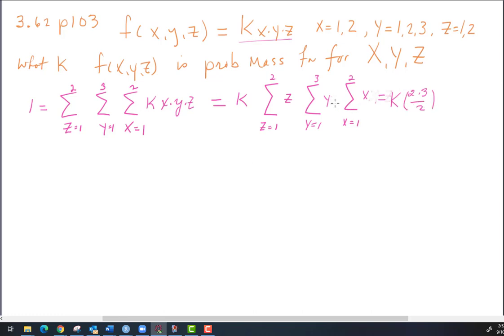And then let's move over here. This would be the sum of the first three integers, so that would be 3 times 4 over 2. And finally, this would be the sum of the first two integers, and that would be 2 times 3 over 2.